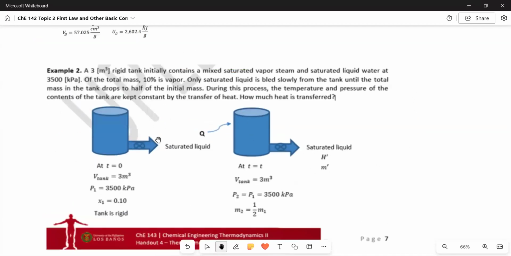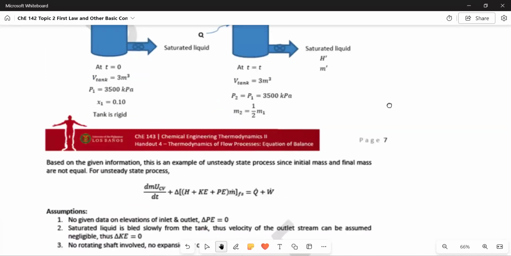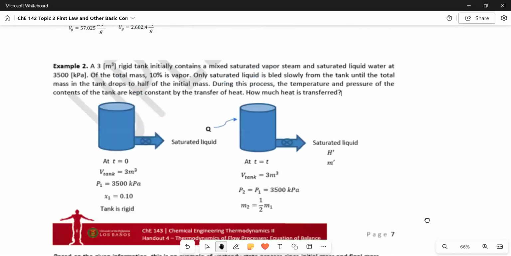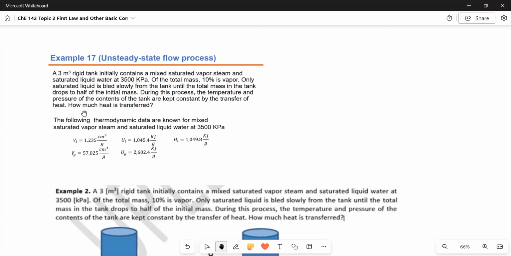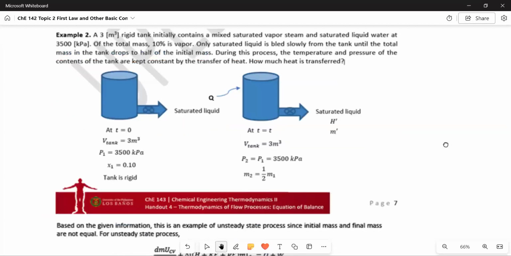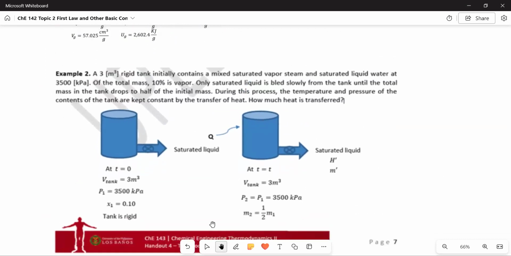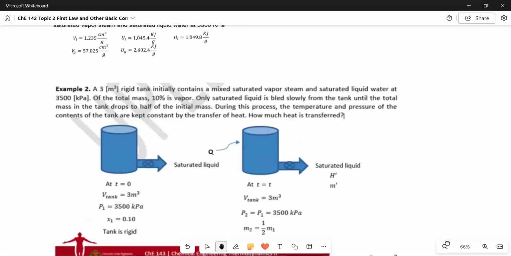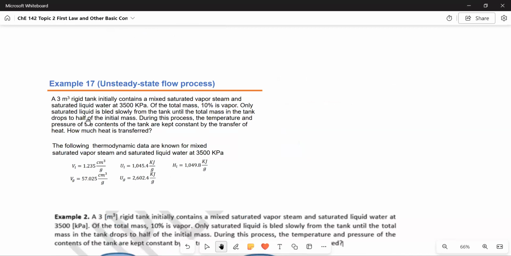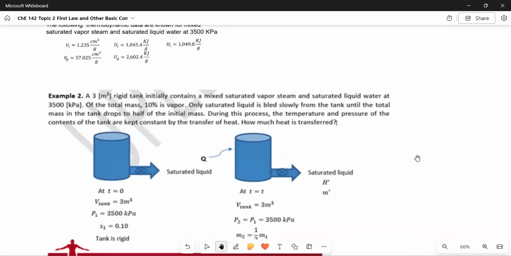So this is the given, and then we are required to get the Q. Okay, so this is state 1 and then state 2. The volume at state 2 is still rigid. Since it's a rigid tank, it's fixed at 3 meter cube.